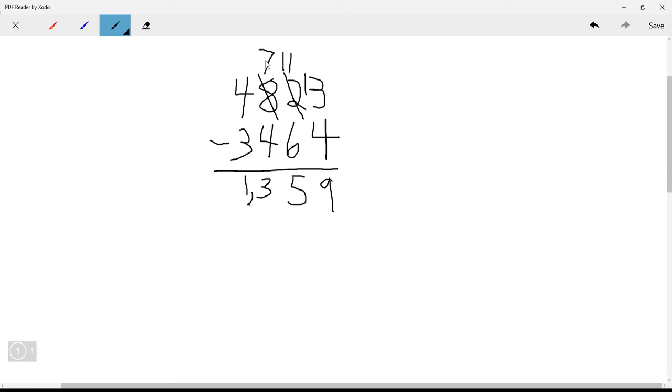Since every time we move 1 to the left, the value of the digit increases by 10 times. So from 1s to 10s, that is 10 times. From 10s to 100s, we're increasing the value of the digit times 10. 100s to thousands, that's times 10.